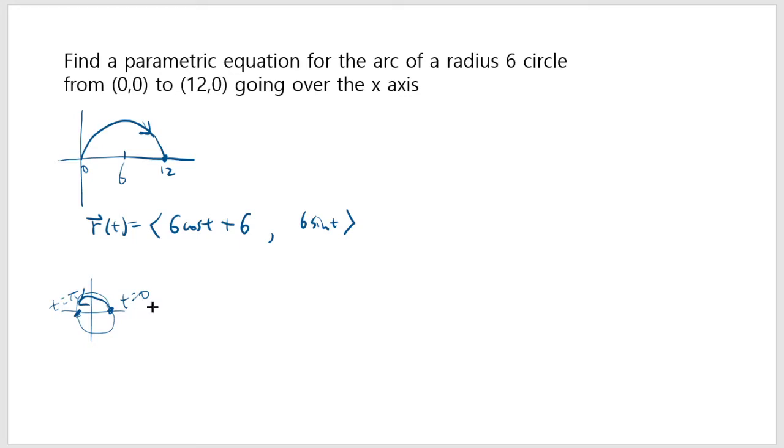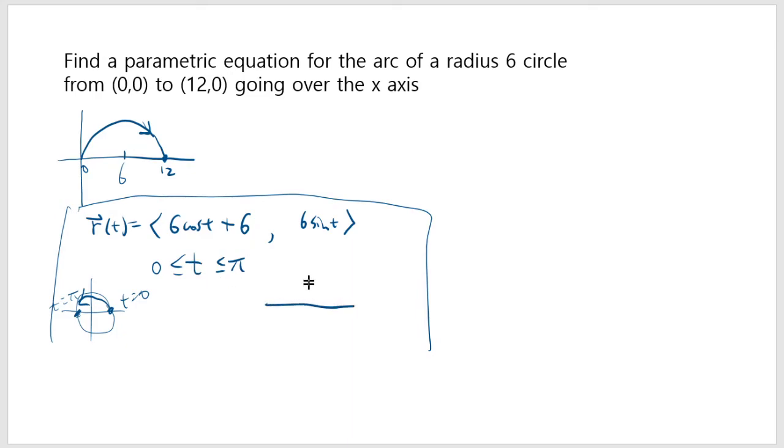So if you do t from 0 to pi, this is almost the answer, but this one will give you the circle that's going this way, which is the opposite of what you want.